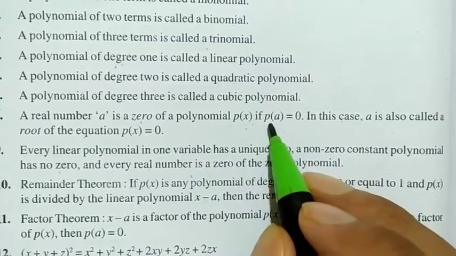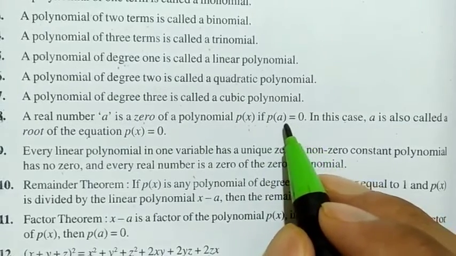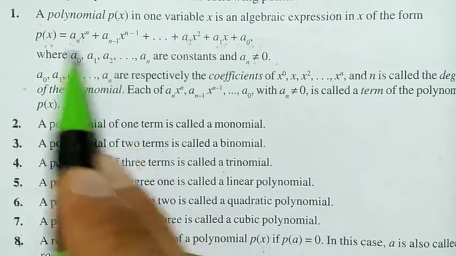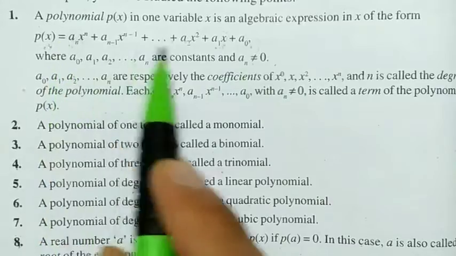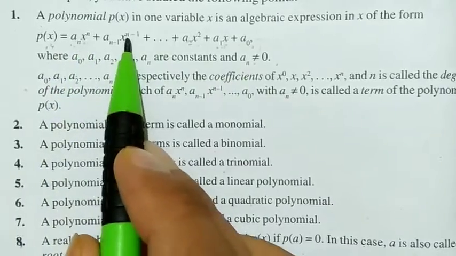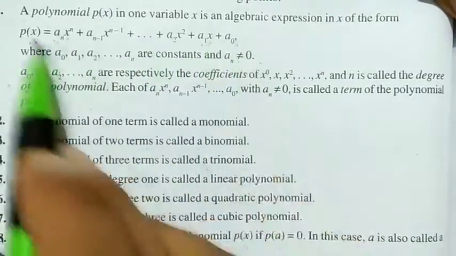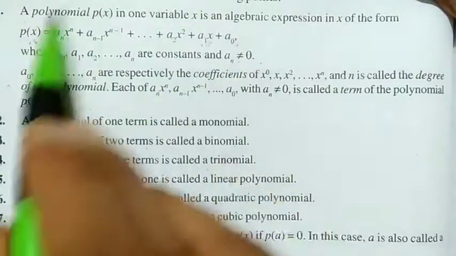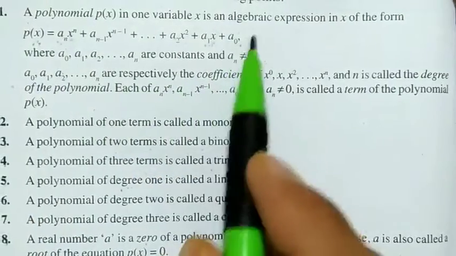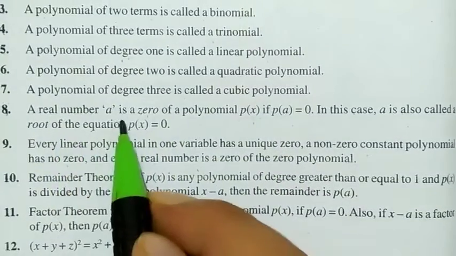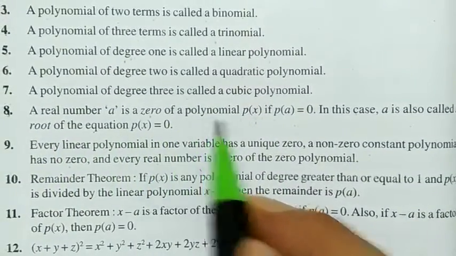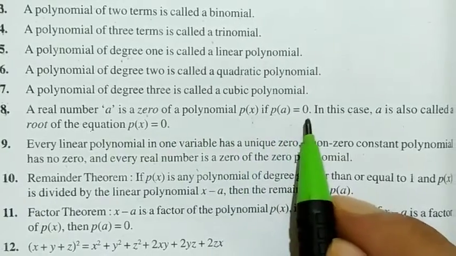What does it mean? p(a) = 0 means if we put x = a in this given expression, these are the constants, but x = a, and then solve this, and if the final result comes 0, that is called a zero of the polynomial. So your real number a is a zero of a polynomial p(x) if p(a) = 0.